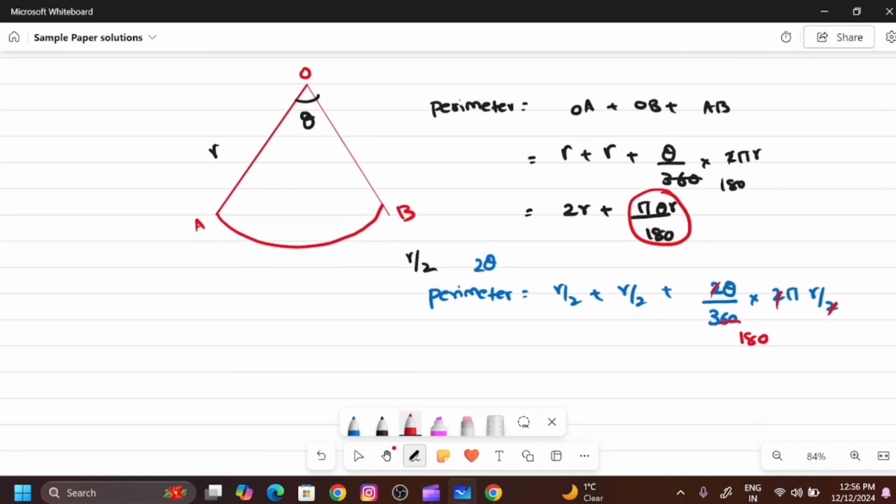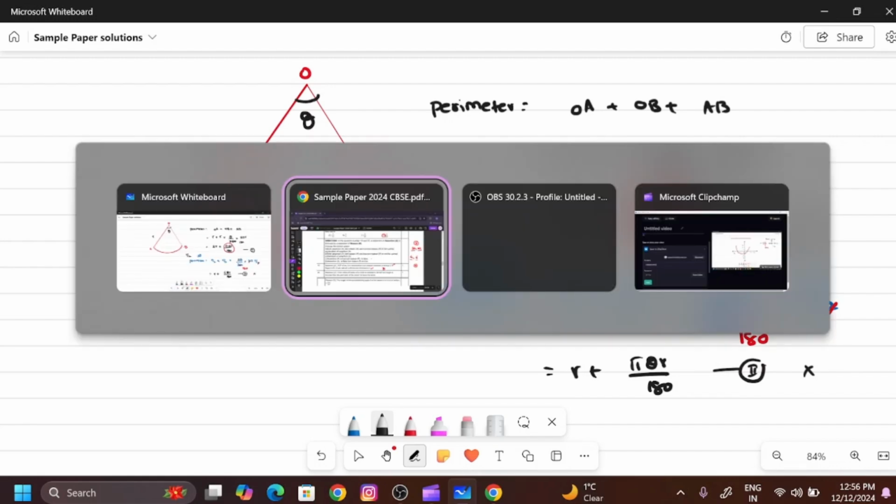So R by 2 plus R by 2 is R, plus pi theta R by 180. Is it the same in both? In the first case the perimeter is 2R plus pi theta R by 180, but in this case it is R plus pi theta R by 180. So both are not the same. That means our assertion is not correct.